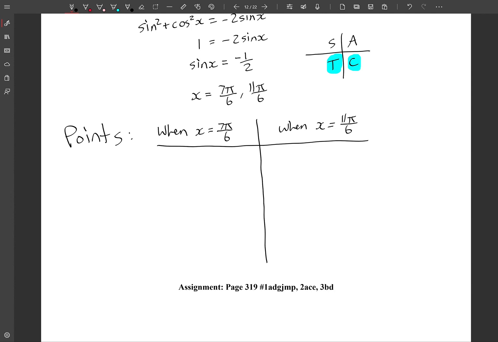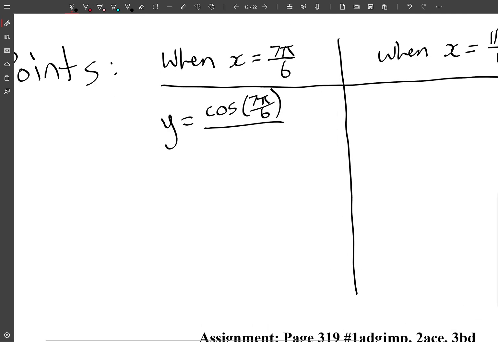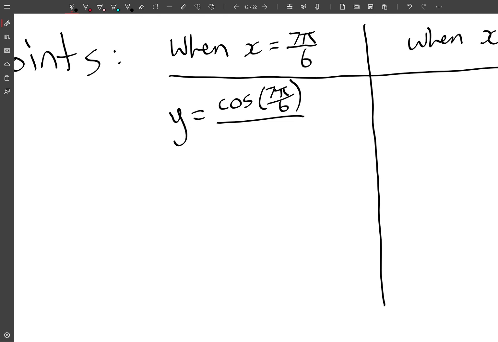So we want to go back to the original equation, where we'll get that y is equal to cosine of 7 pi, that's just pi, that's not a 7. I lied to you. 7 pi over 6, all over 2 plus sine of 7 pi over 6. So that's just me plugging our x value into the original equation.